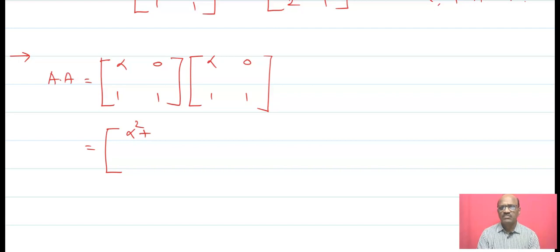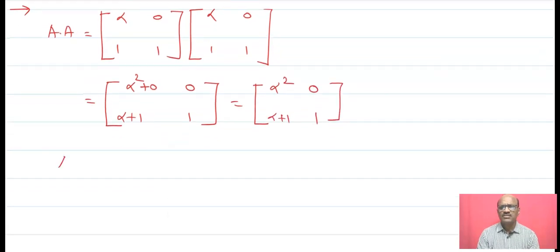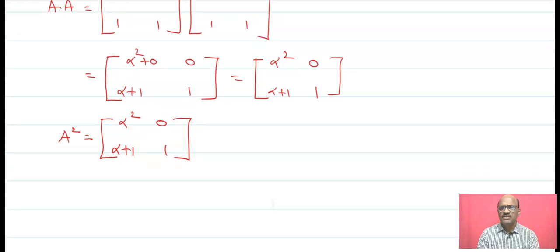Alpha 0, 1, 1. Now again first row, first column. In this way we can form their product. That is alpha square, 0, alpha plus 1, 1. Therefore A square is equal to alpha square, 0, alpha plus 1, 1.